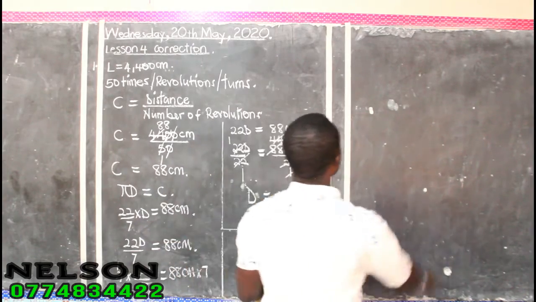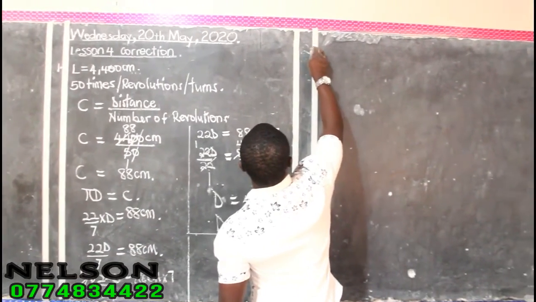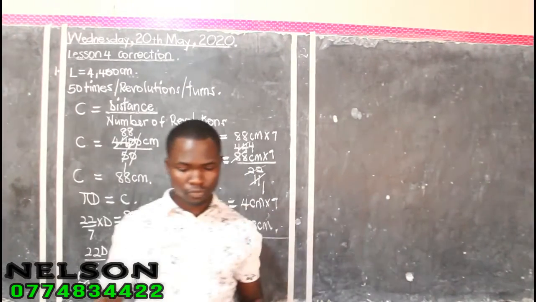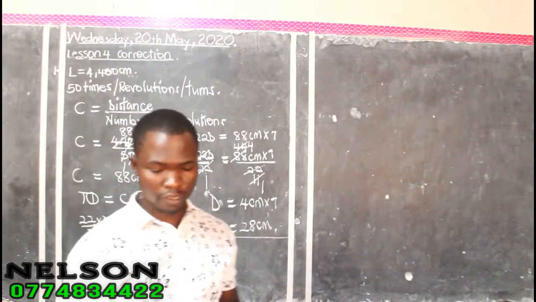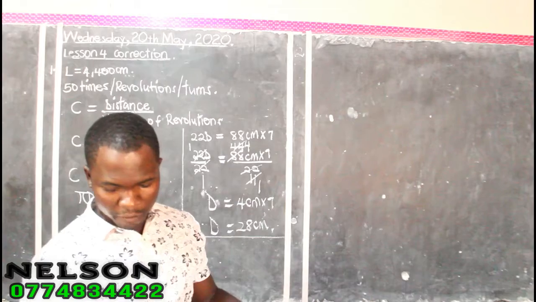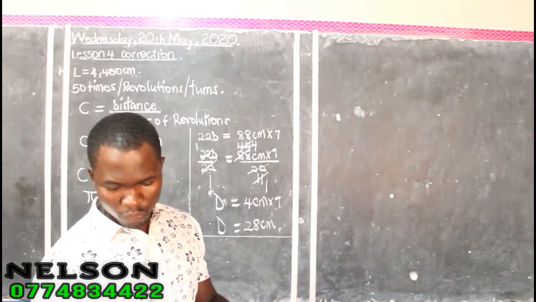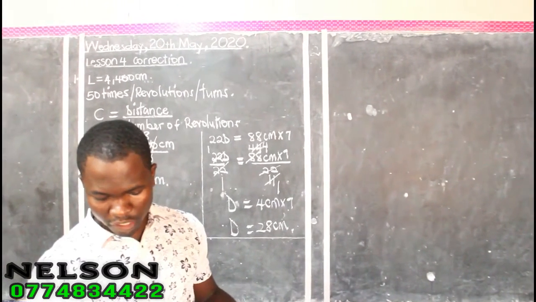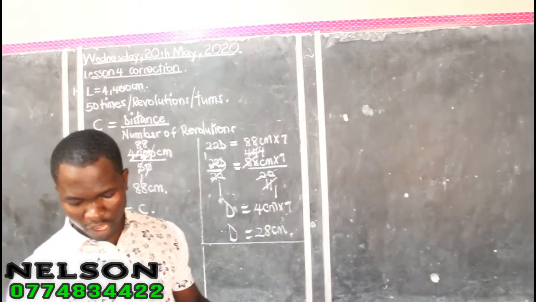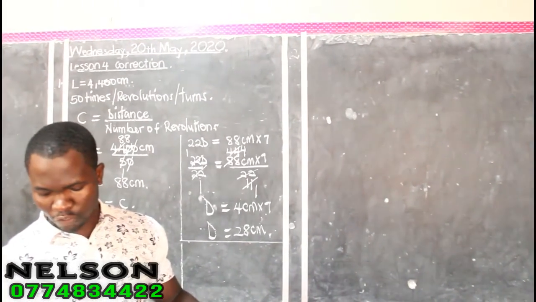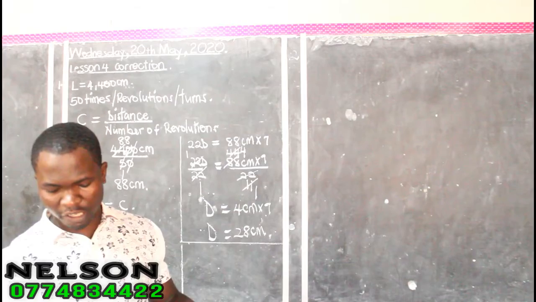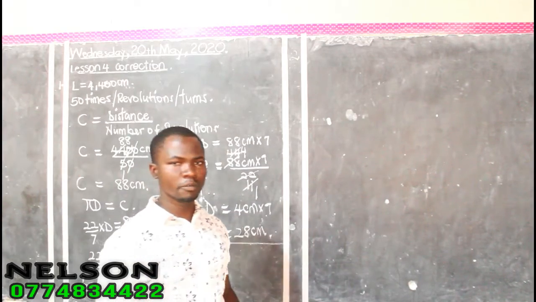Let's go to our number 2. What was number 2 saying? A thread has been wound round a cylindrical tin 20 times. Calculate the length of the thread used if the radius of the tin is 7 centimeters.